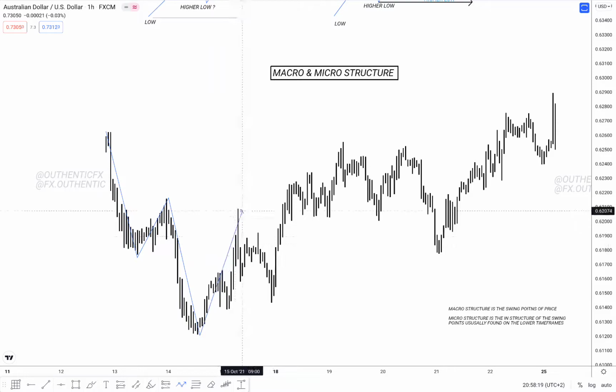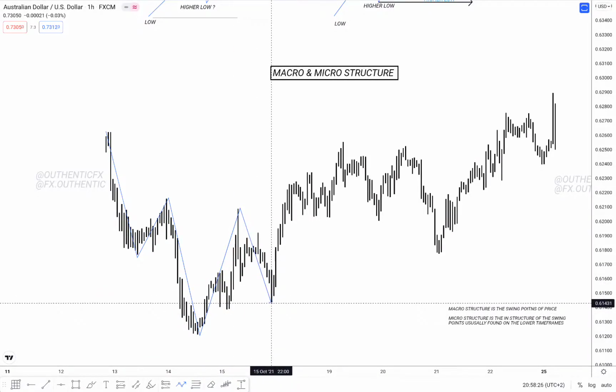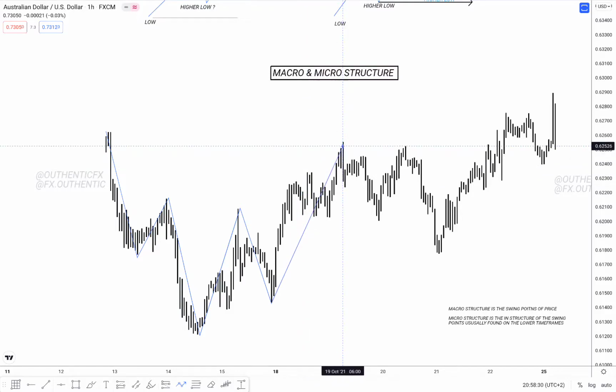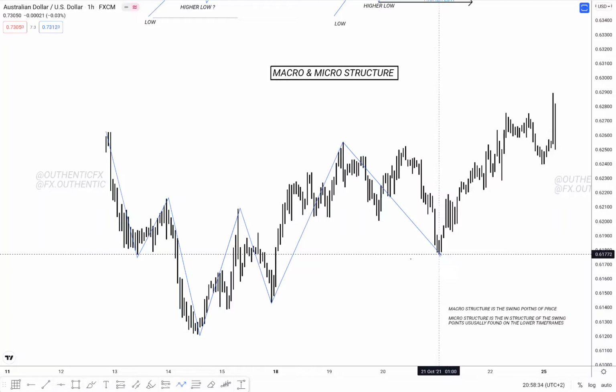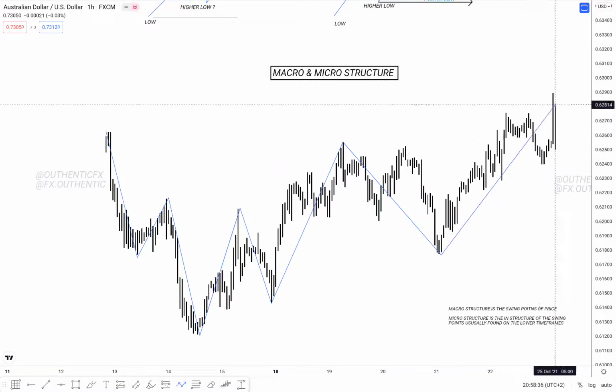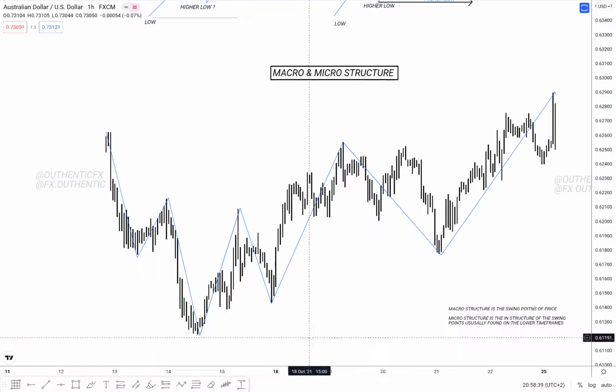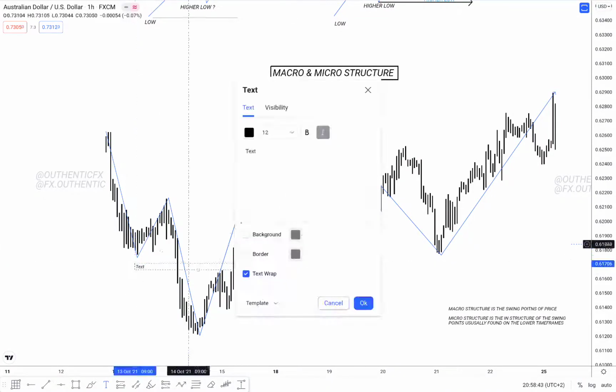From there, we have another swing point here. Does this swing point create a lower low? No, which means this becomes a low, and then this becomes our higher low because it's higher than this low, and then we have our higher high over here, right? So this is macro structure, the overall picture, the swing points.